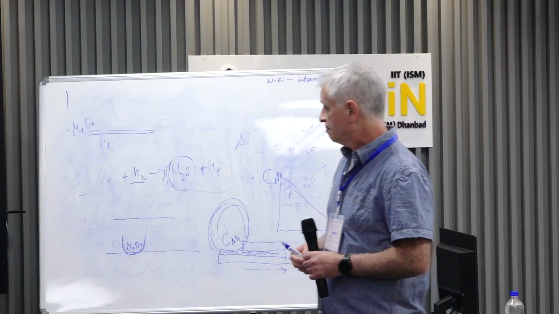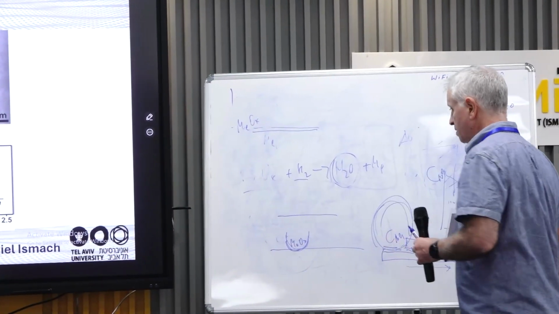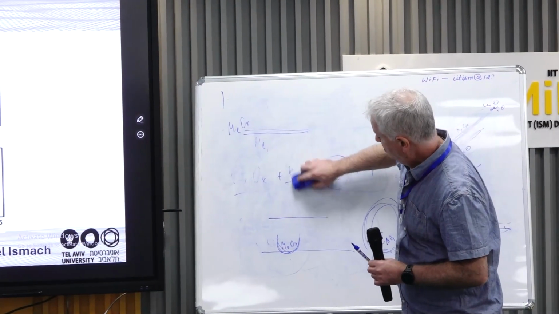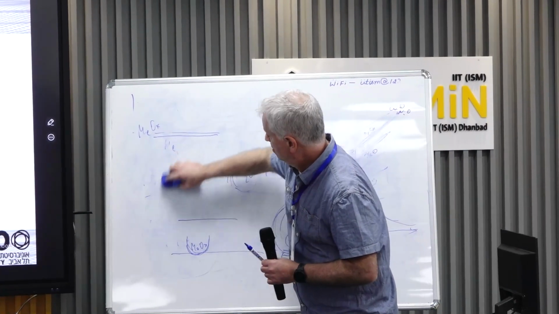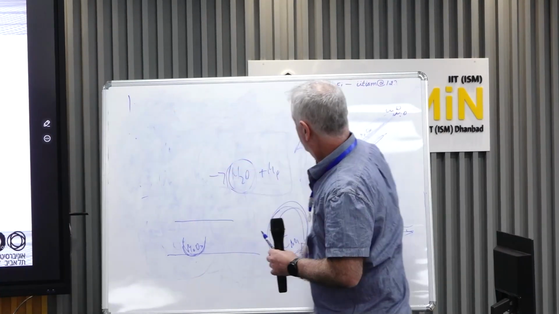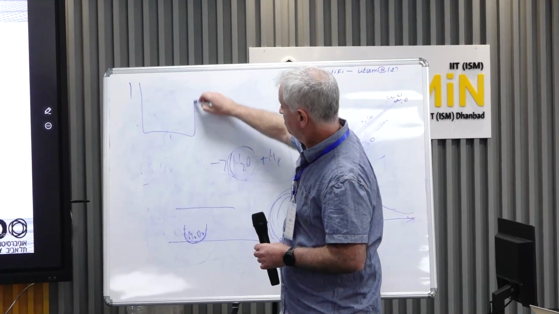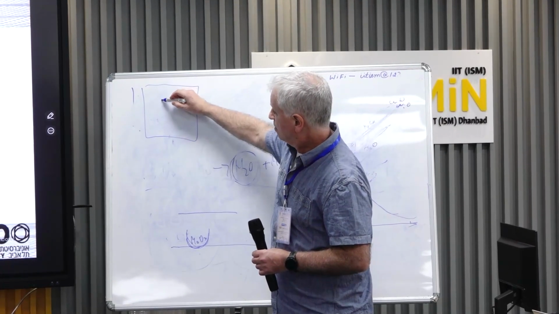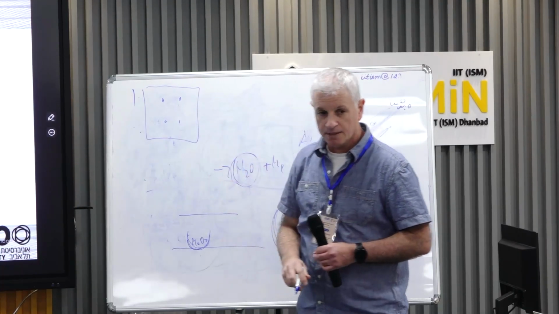Now, the other methodology was the seeded growth. For the seeded growth, for example, we used metal dots, metal seeds, gold seeds.